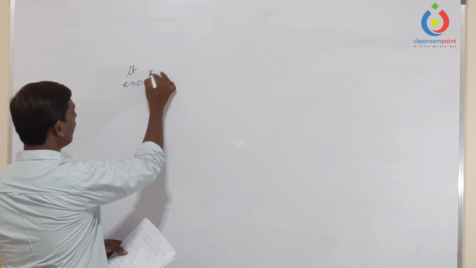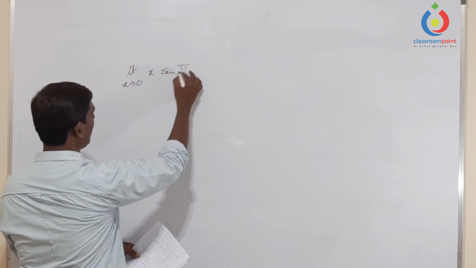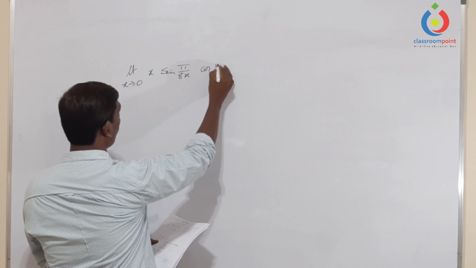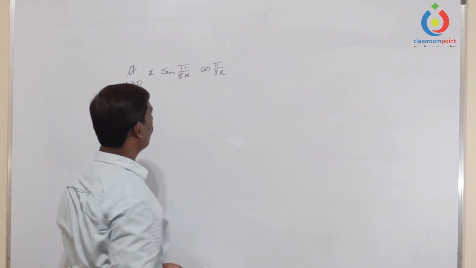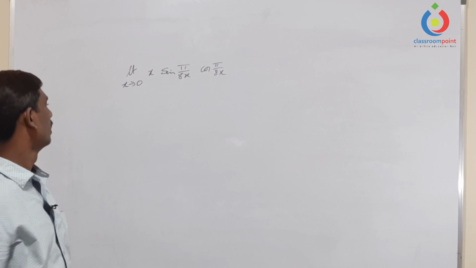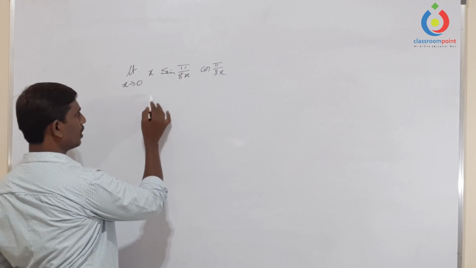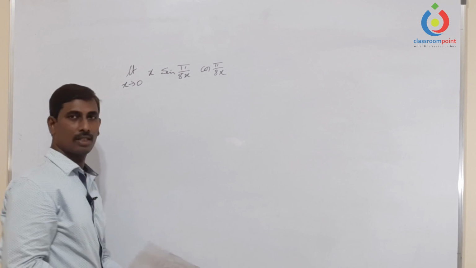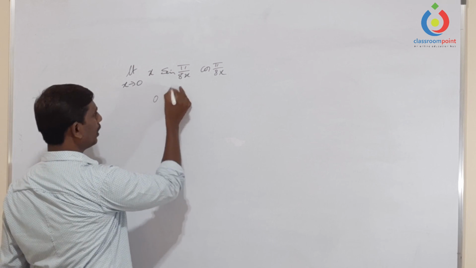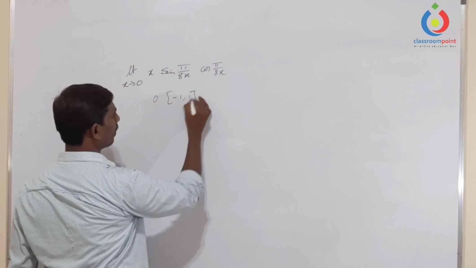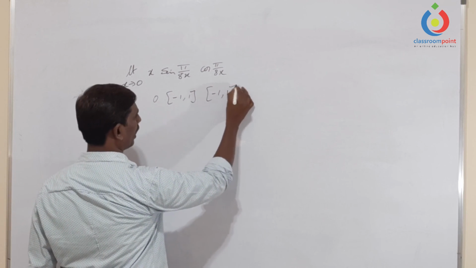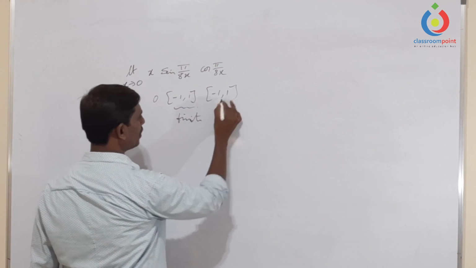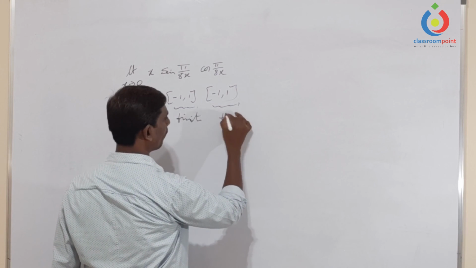I should take x into sine of pi by 8x into cos of pi by 8x. Then what to do, sir? Check it once. In the place of x put 0: this is 0, this is sine infinity, this is cos infinity. Then 0 into minus 1 to 1, this is also minus 1 to 1, this is finite and this is also finite.